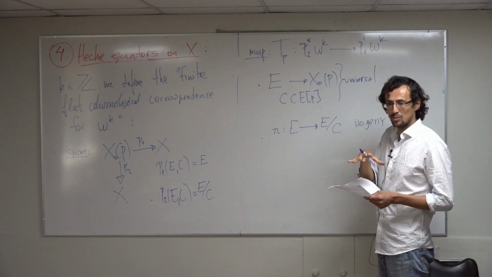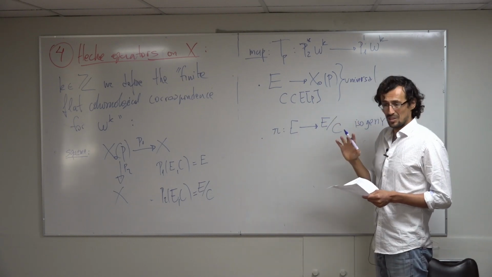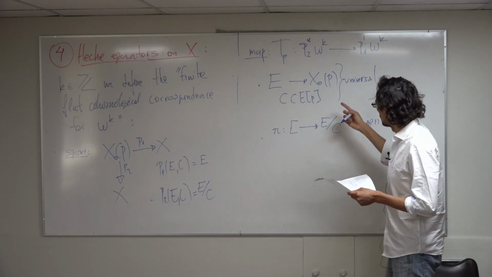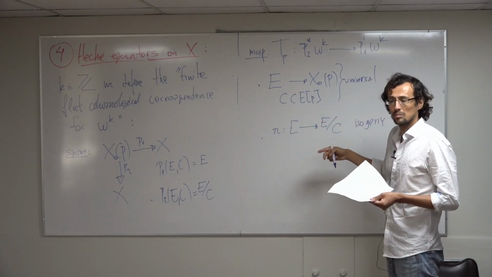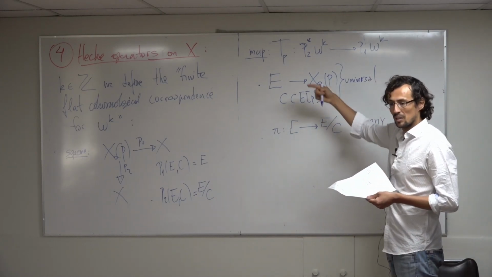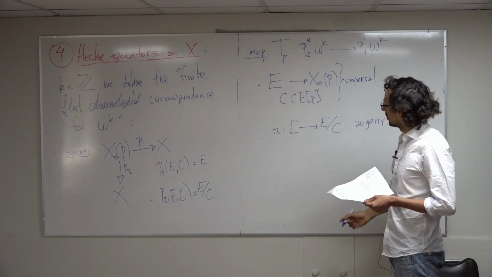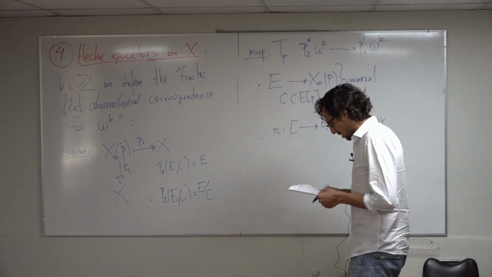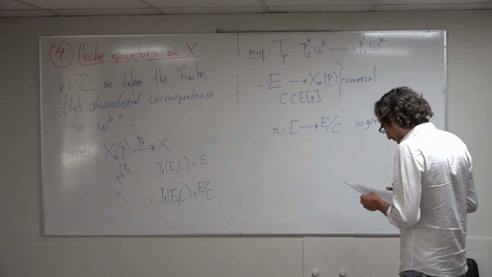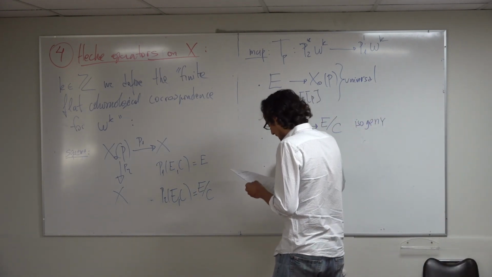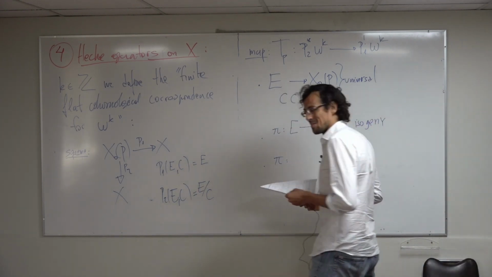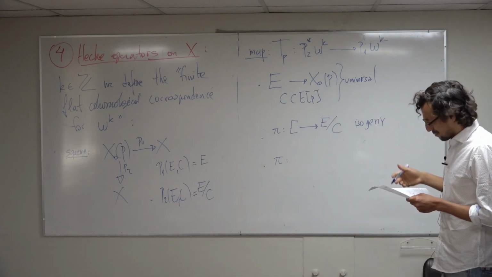In the paper, they use the moduli problem with isogenies. But if you take a subgroup, you produce an isogeny, and if you take an isogeny, you take the kernel, and that gives you the level. So it's equivalent.